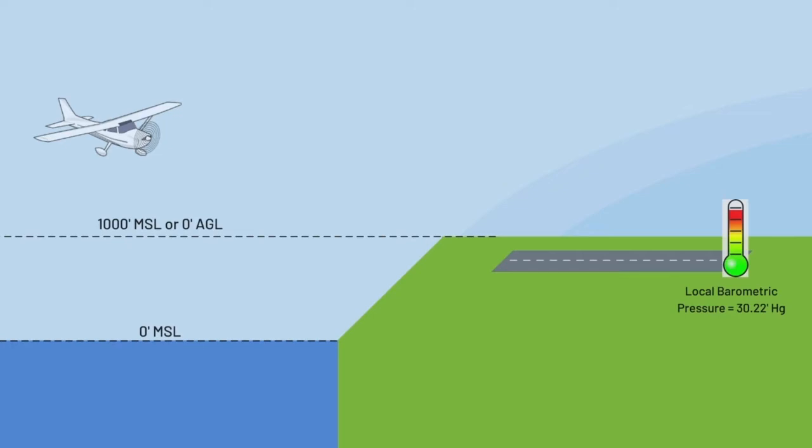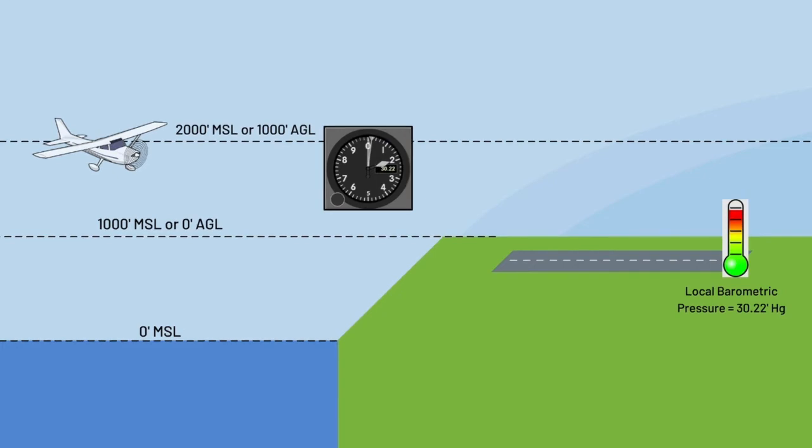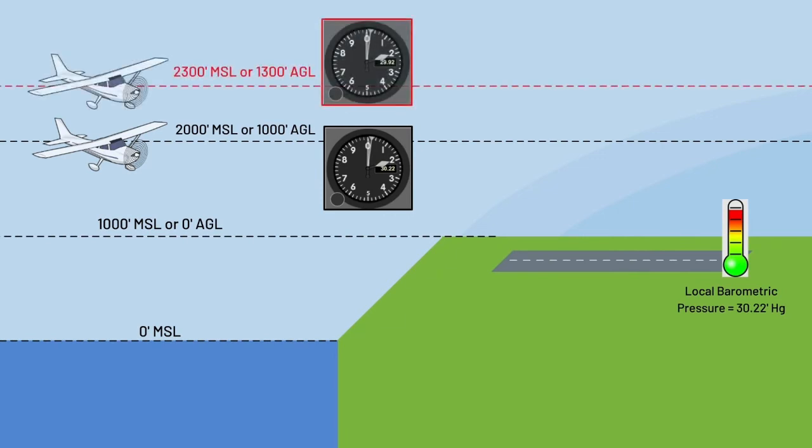Let's show you what this would look like. First, imagine an aircraft with a correct pressure setting of 30.22 input into their altimeter. The desired altitude for the approach is 2,000 feet MSL, which would put this pilot 1,000 feet above the runway elevation. Then let's imagine we duplicate that same aircraft, except that this new aircraft's pilot still has their altimeter setting wrongly set to 29.92.